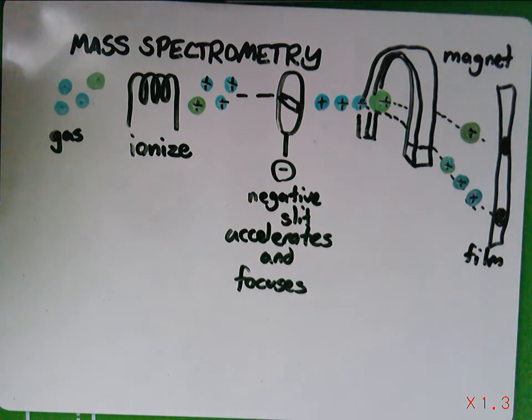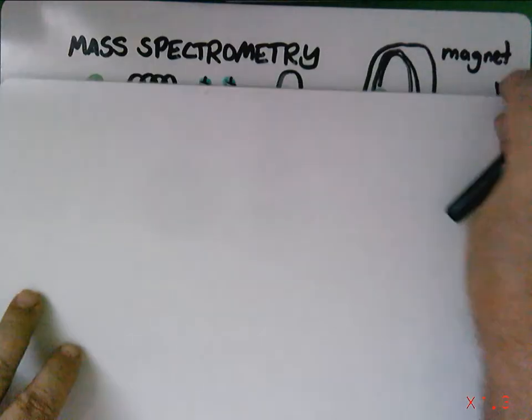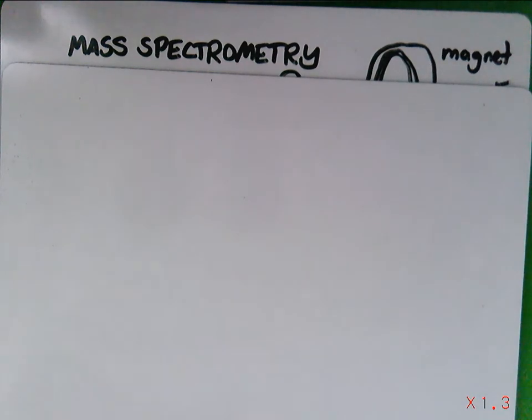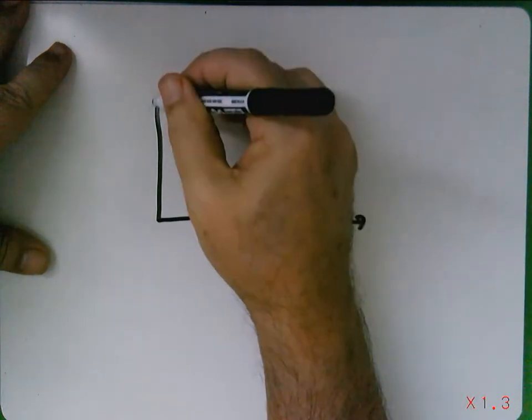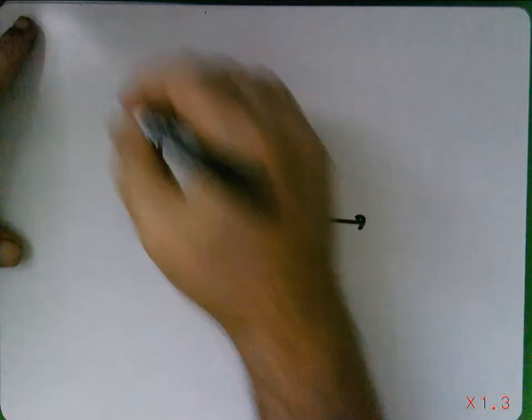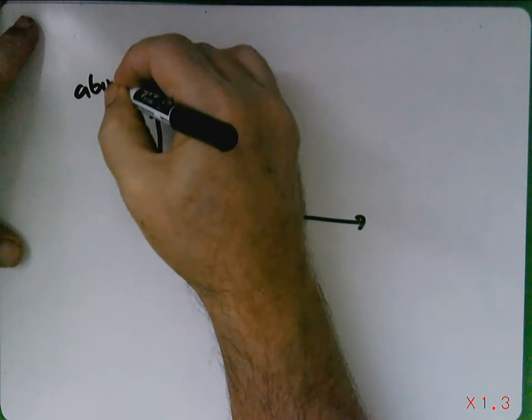Now in modern instruments, they've got a bank of sensors here that are going to translate this and make a graph for you. Let me draw the graph. You will see on the computer screen something with abundance up here.